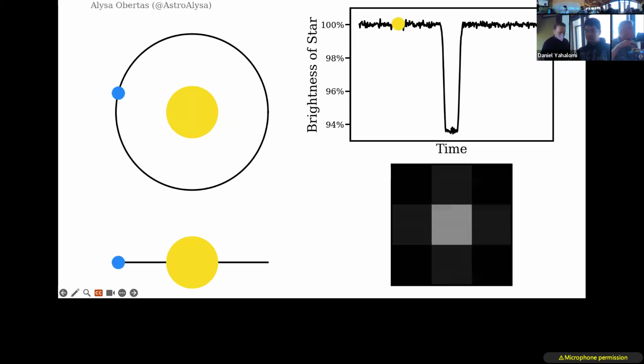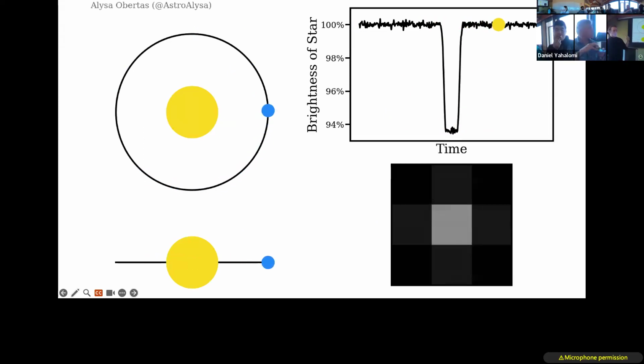Okay, so my research focuses on transit timing variations. To get to transit timing variations, you have to start with transiting exoplanets. So the idea of the transit signal, many of you maybe have heard about it, is that a planet orbits a star and you're observing the time series photometry of the star.